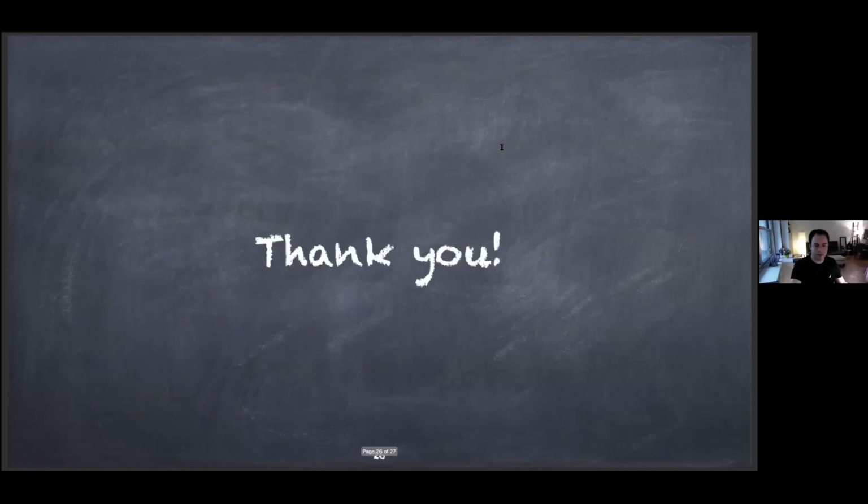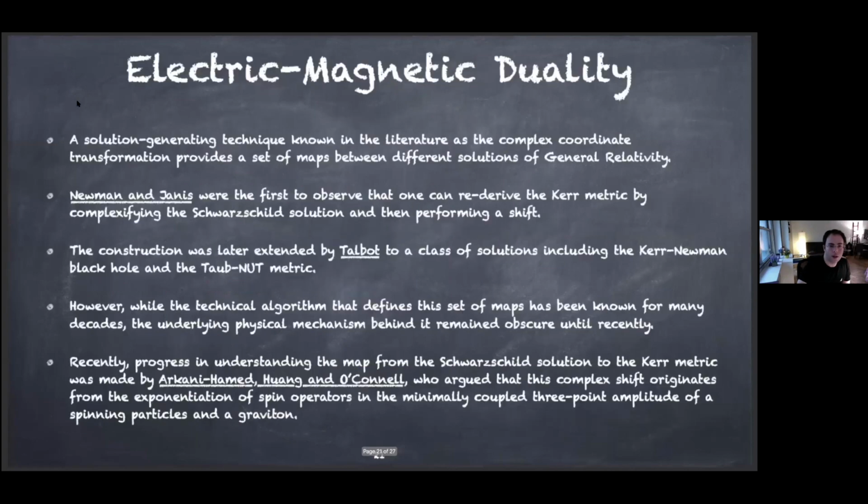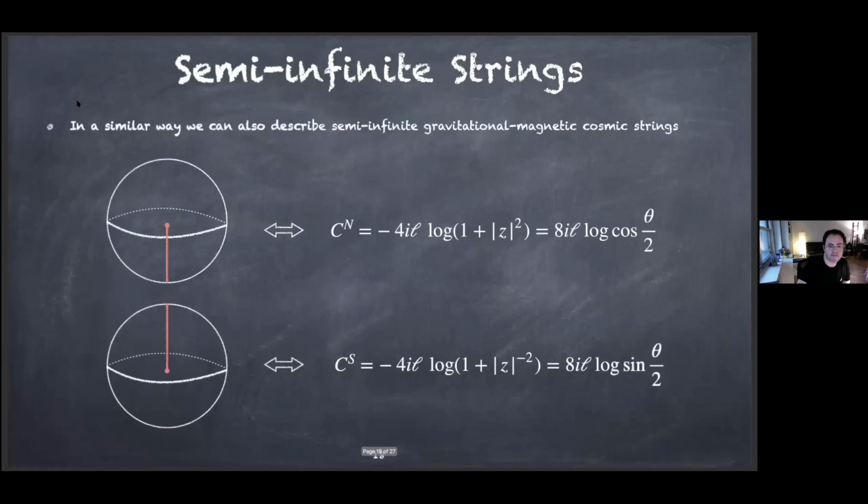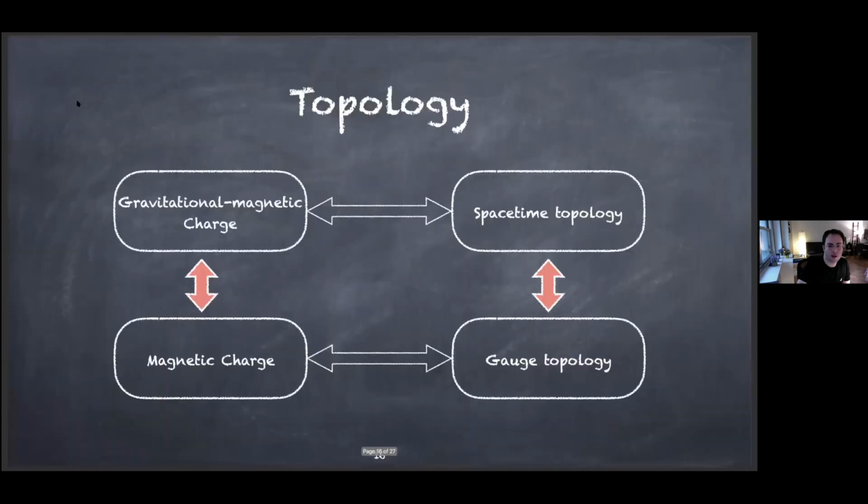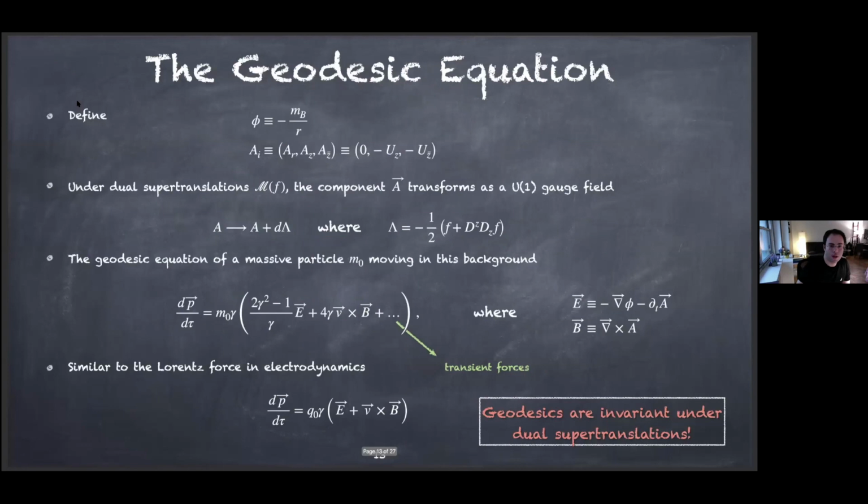Okay, yeah. So that's a good question. We can define these two potentials. Phi is the analog of the scalar potential in electrodynamics, and A is the analog of the vector potential.